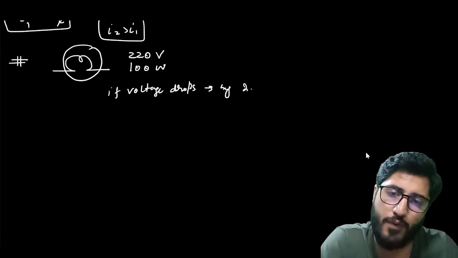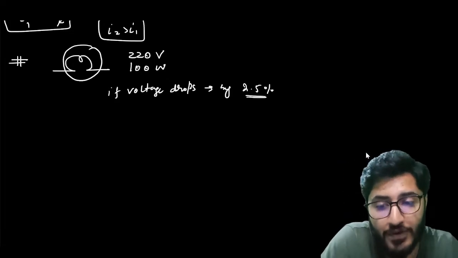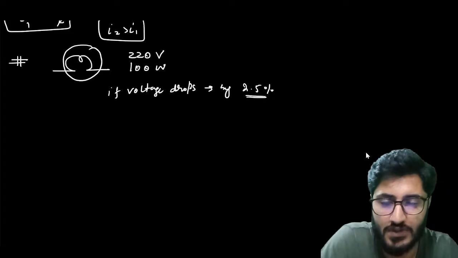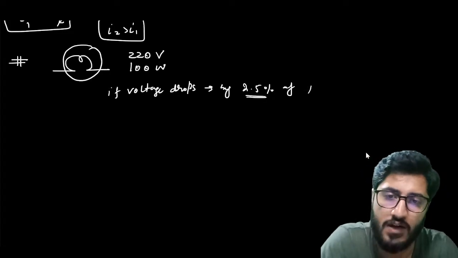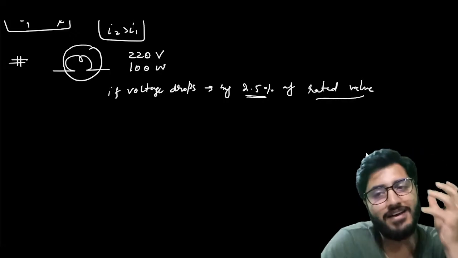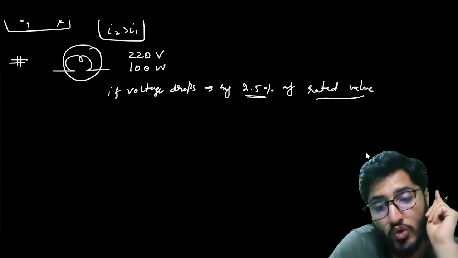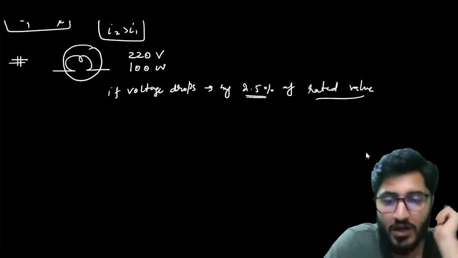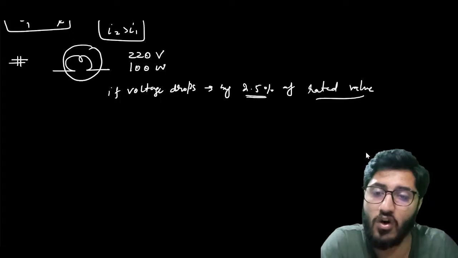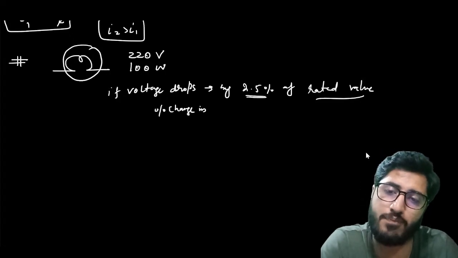If my voltage drops by 2.5% of the rated value, that means we have a rated value of voltage, that is 220, and now the voltage decreases by 2.5%, what will be the effect, the percentage change in power?